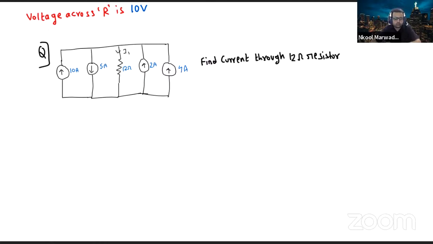Now, how to do this? Now, see, the idea is that Kirchhoff's current law says that total incoming current is equal to total outgoing current. So what we can do, the current in one direction, we will add on one side, and current in the other direction, we can add on the other side and equate them.